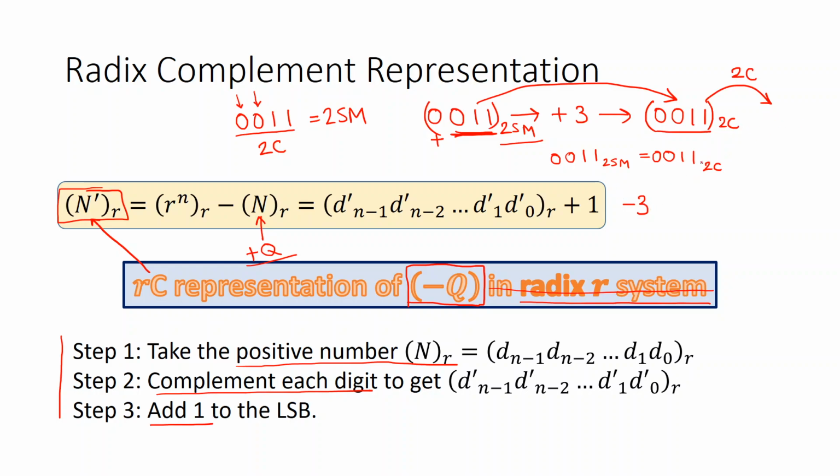That would be the 2's complement representation of -3. For taking 2's complement, you have to flip the bits, or take the complement of each of the bits, and then add a 1. So you are getting this, and that is the 2's complement representation of -3.